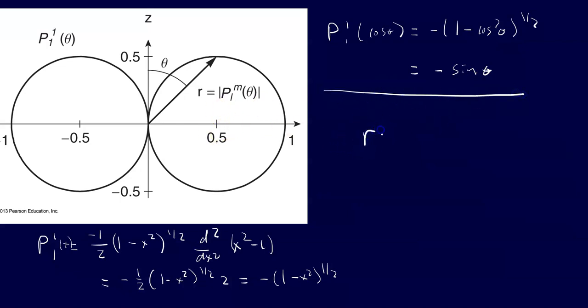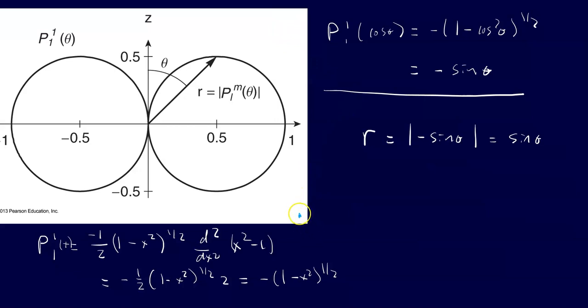What they're basically saying is, look here, r is equal to the absolute value of the particular function that we're looking at, which in this case would end up just being sine of theta. So on this particular plot, we're plotting r equals sine theta.